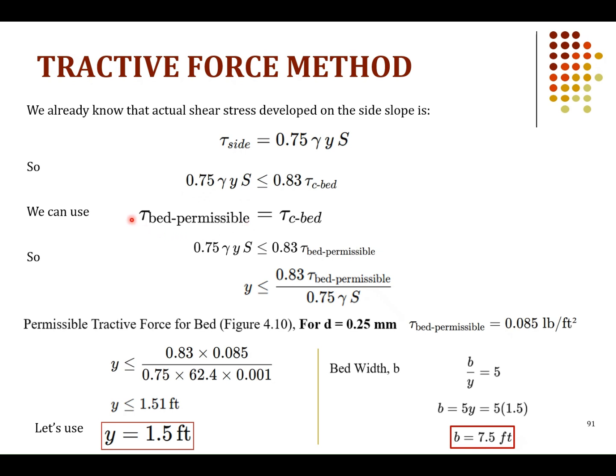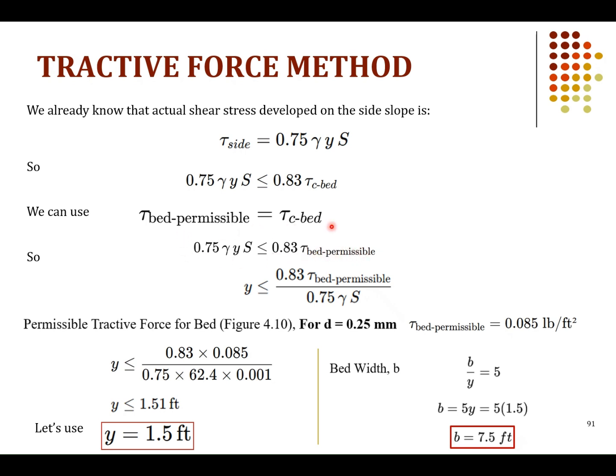So what we are doing here is we are equating the permissible, or the allowable, to the critical, although we should keep it less, or the maximum value we can keep is equal to tau C for the bed. So I'm replacing tau C for the bed with tau bed permissible.